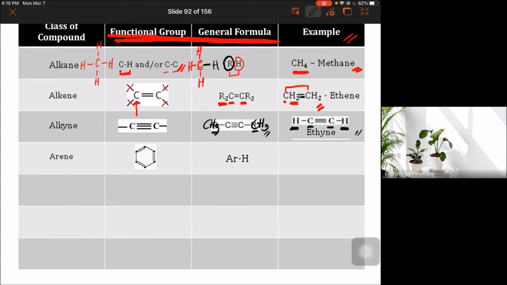Now this Ar dyan, capital A, then small letter r, this stands for aryl. Okay, yung aryl naman, that is an example of, kumbaga para siyang alkyl group, only that yung source niya is an aromatic ring.